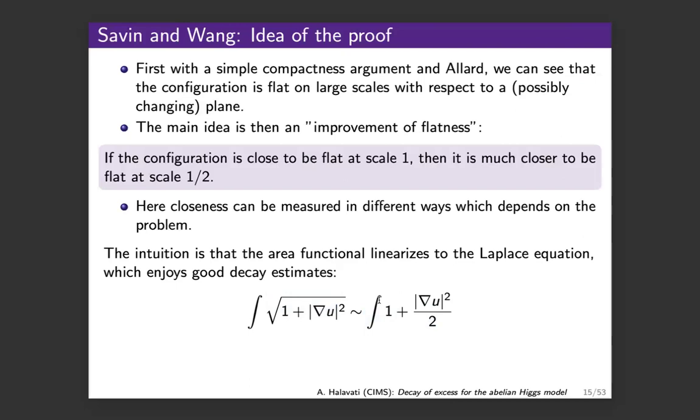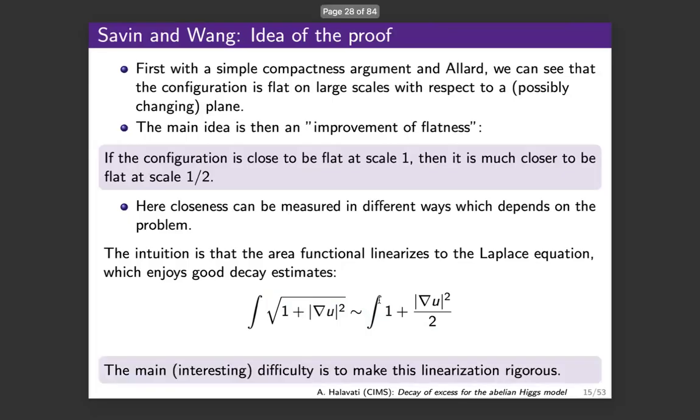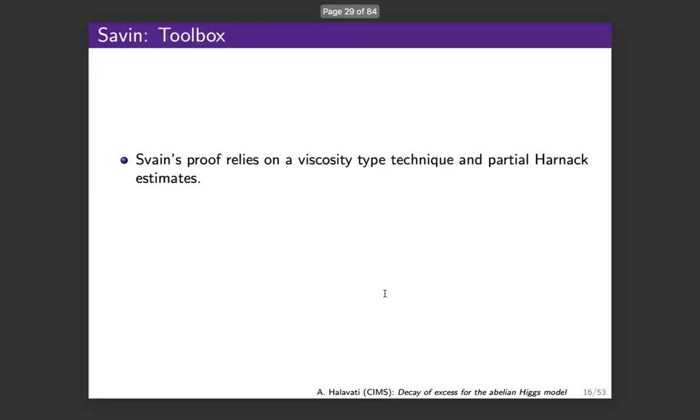And minimizers of the Dirichlet energy are just harmonic functions. And the main difficulty is to make this linearization actually rigorous, to be able to pull back the decay estimates you have for harmonic functions to the problem that you're working with now, right?